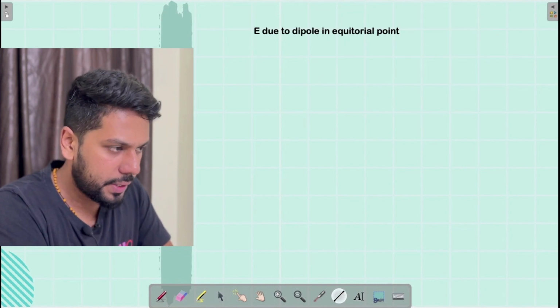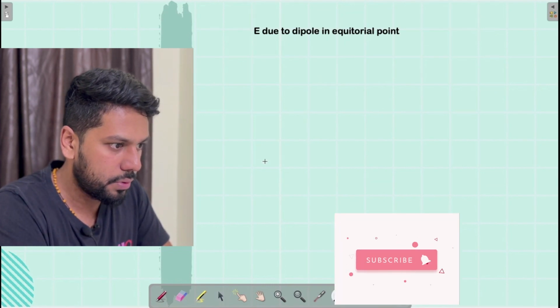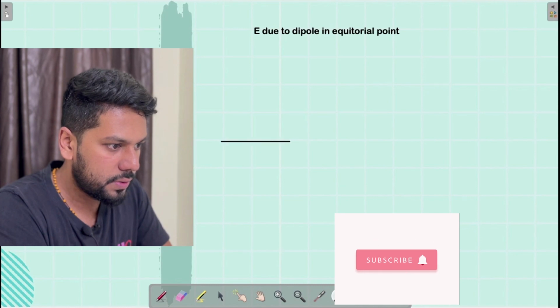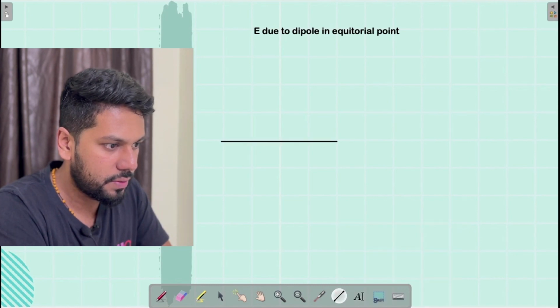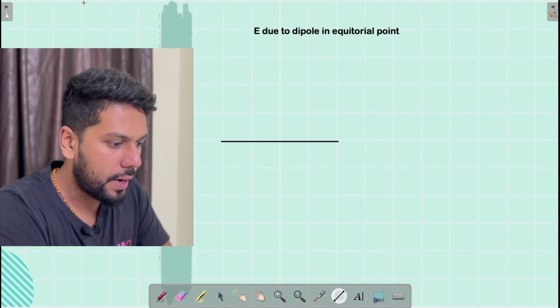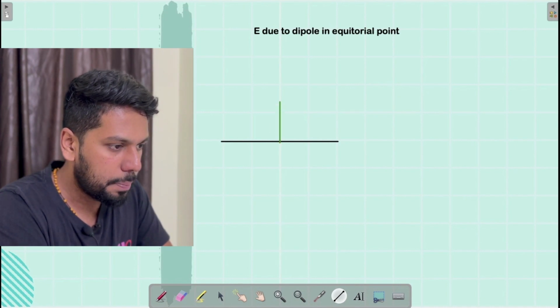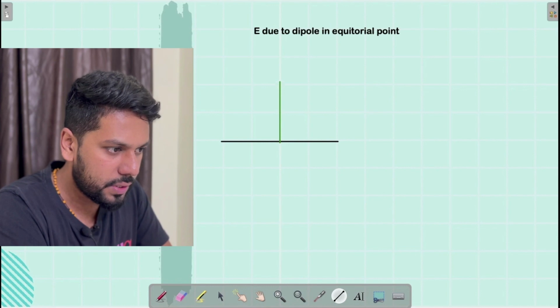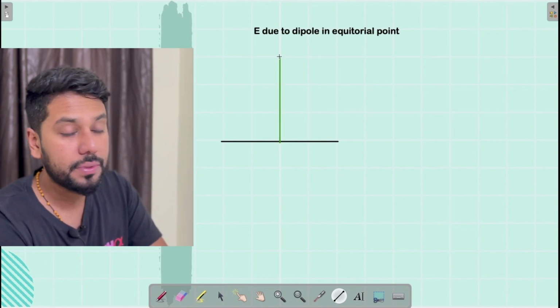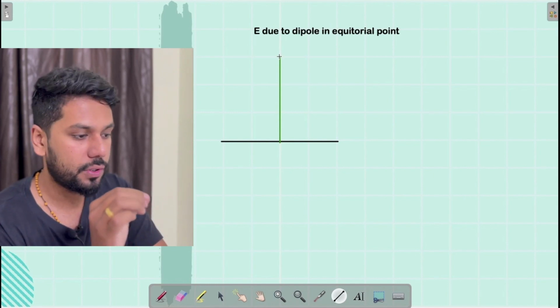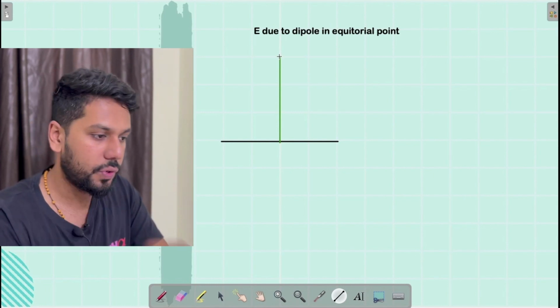Let me create a dipole. Dipole is this, a simple dipole, and this is the equatorial point. The point from the center of the dipole to the top is called the equatorial point.